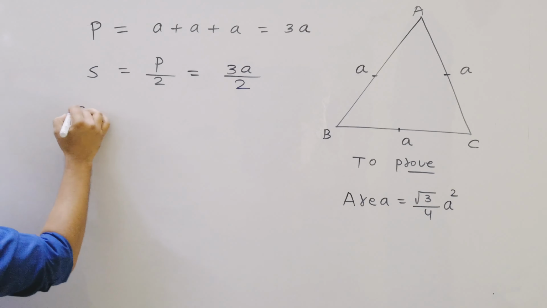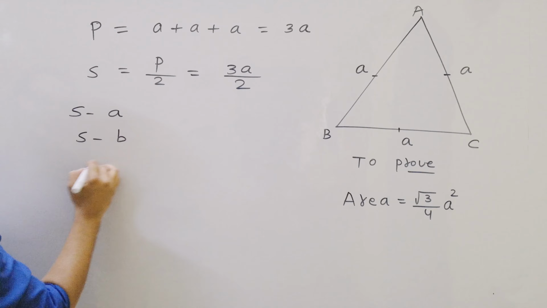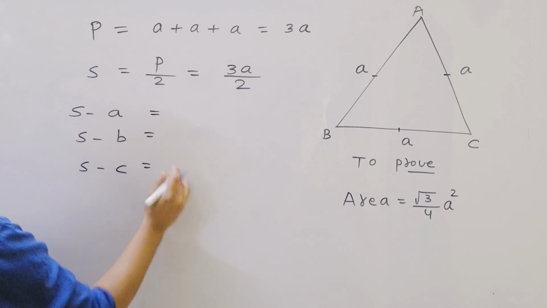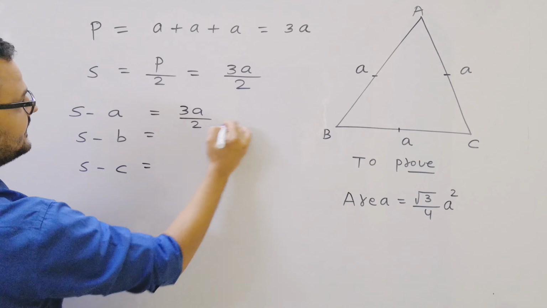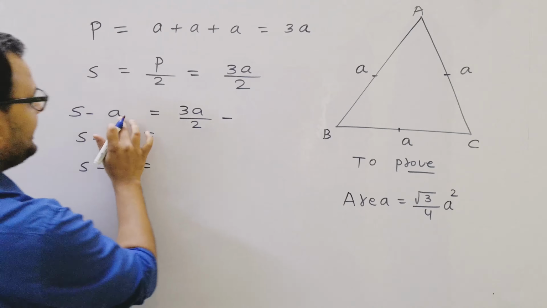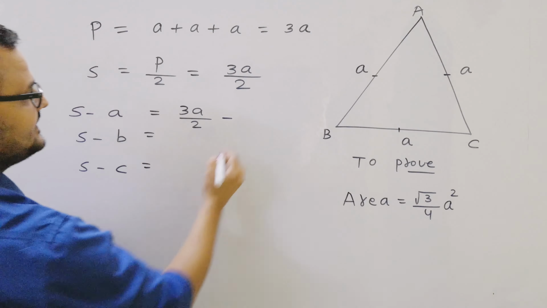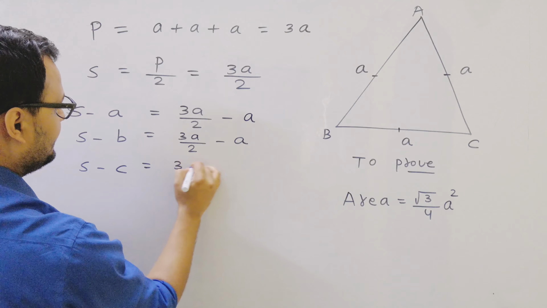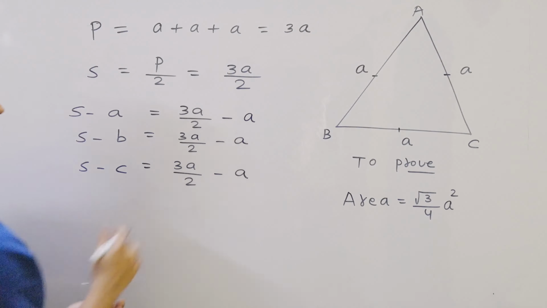Now I need s minus a, s minus b and s minus c. Now s we got 3a by 2, and minus a, b, c, and all three sides are equal, that is a. So minus a, again 3a by 2 minus a, we'll get all three the same.